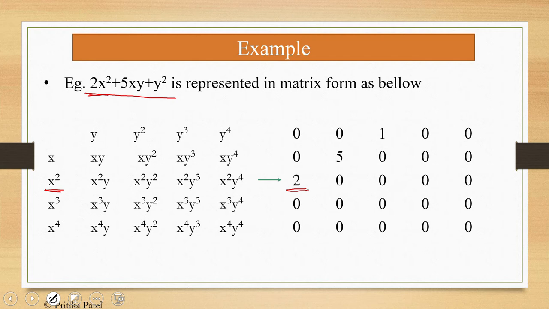Right? Next plus 5xy. Now where is xy? Xy is over here. So 5 is written over here. Then plus y square. So where is y square? Here y square is there. So 1 is written over here. And the remaining elements are written as 0.